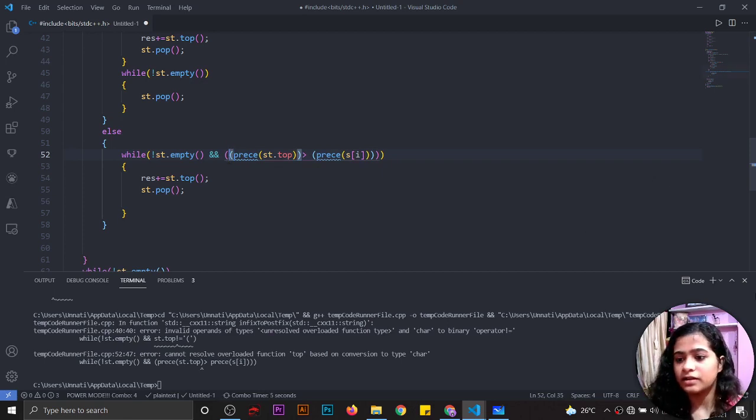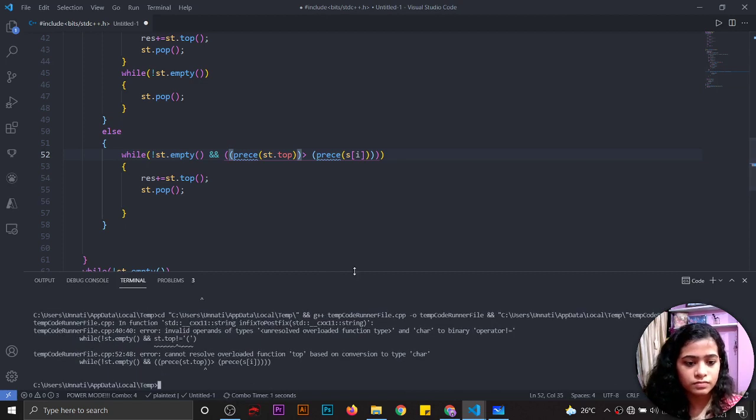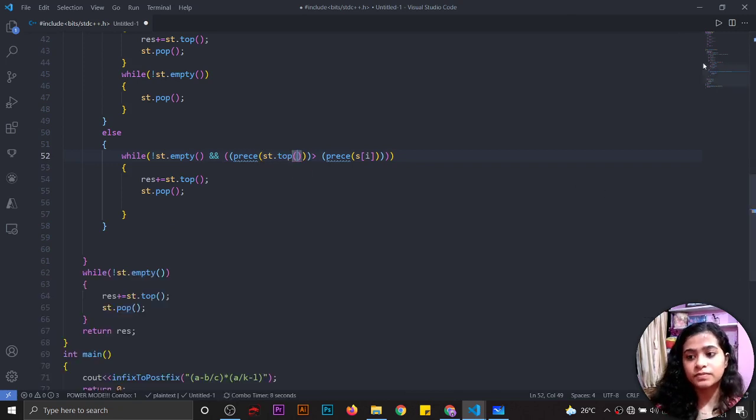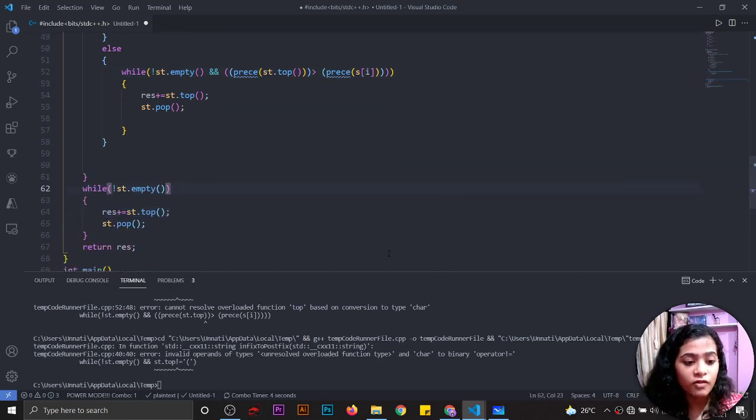This thing is one bracket. Okay. Oh, st dot top. I have not written the parentheses because it is a function. See, you will also encounter these type of errors while solving.